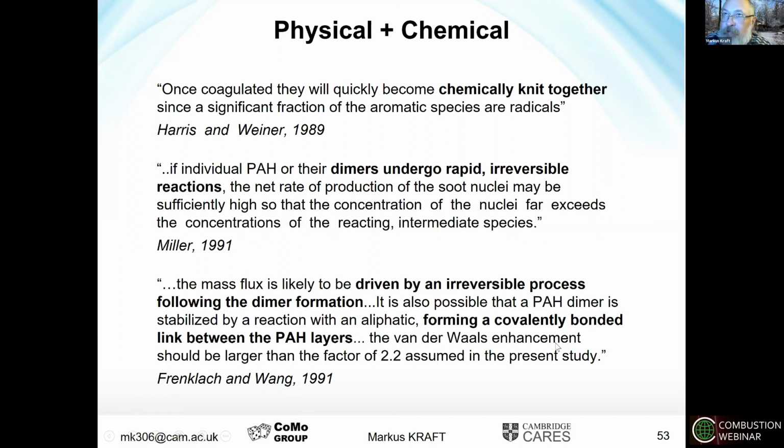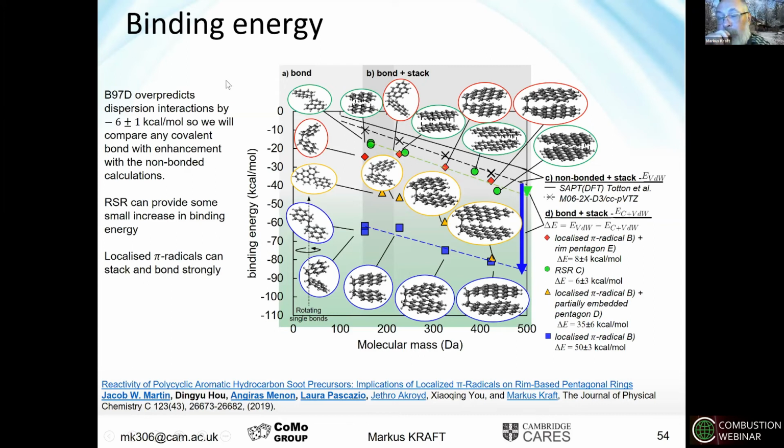And with that, we looked at the binding energy of structures, and looked at, as you grow these dimers, what happens to the bond energy and whether or not dispersion forces take over. Now, this is a very busy figure, and I don't want you to look at all of it. The only important bits are the blue boxes here.